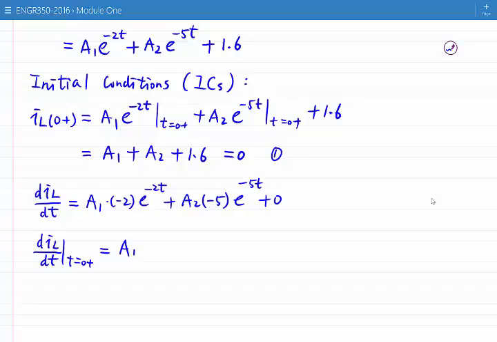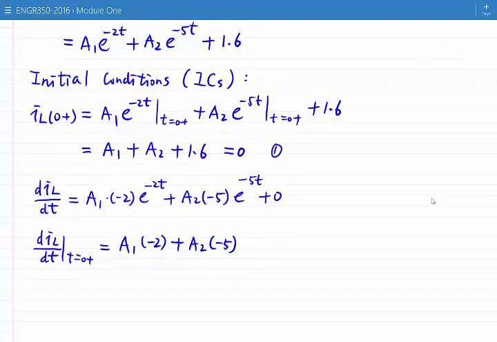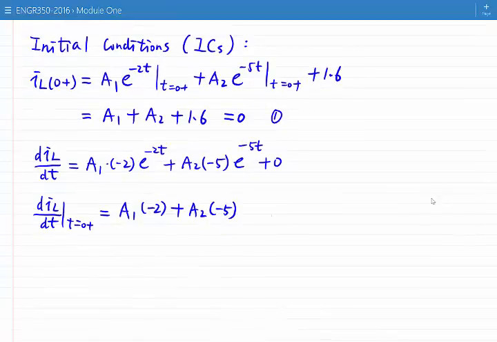It is equal to A1 times -2, where e to the power of 0 is 1, plus A2 times -5, where e to the power of 0 is 1, plus 0. So we can just remove these two terms. Okay, so this is the second equation. We should find dIL over dt at post 0 time from the initial condition.